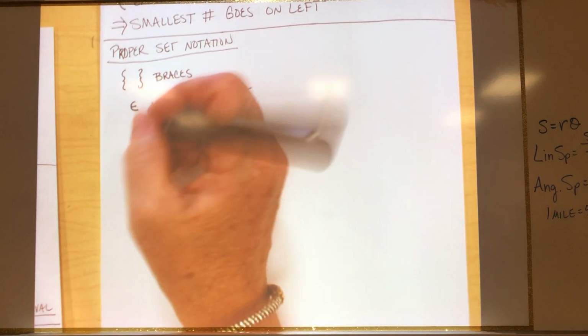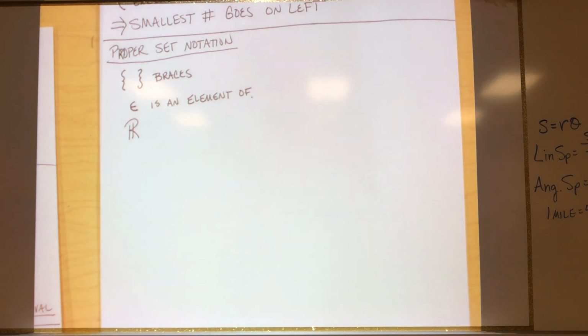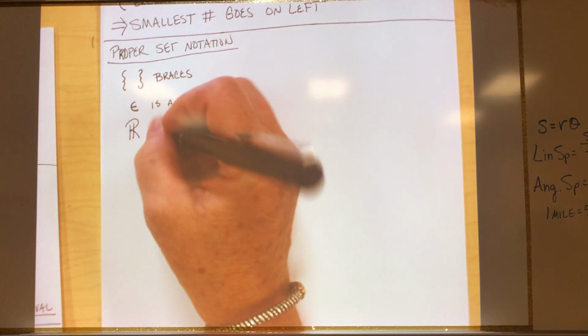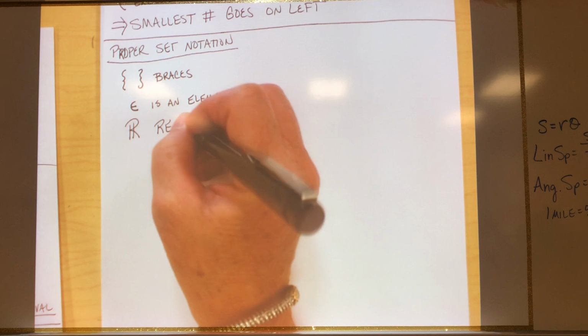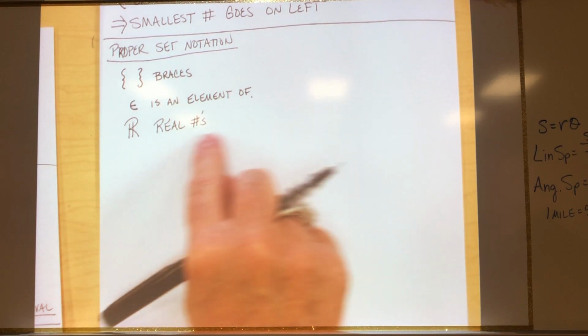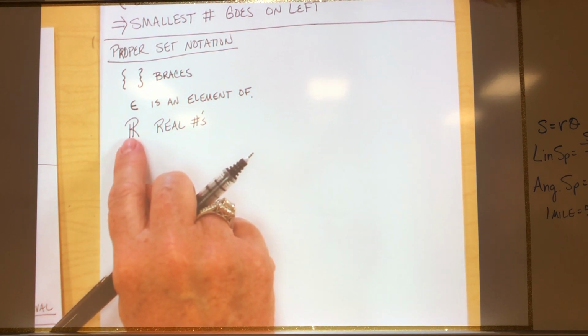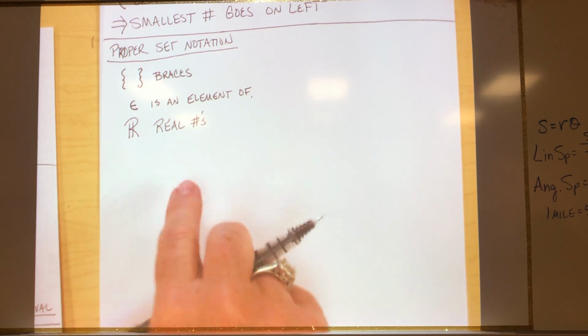Here's another one. A double barred R. Do you know what that means? That's the real numbers. Like we wrote the other day on our answer, we wrote all real numbers. Well, now we would write, it was an element of the R, the real numbers. Okay?